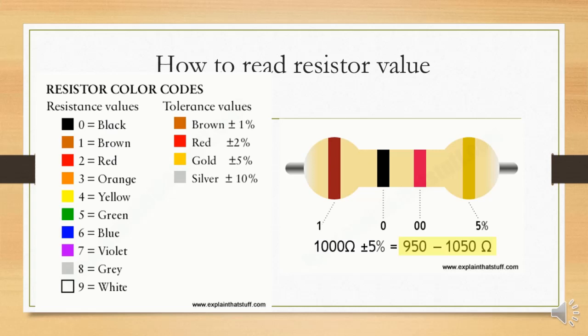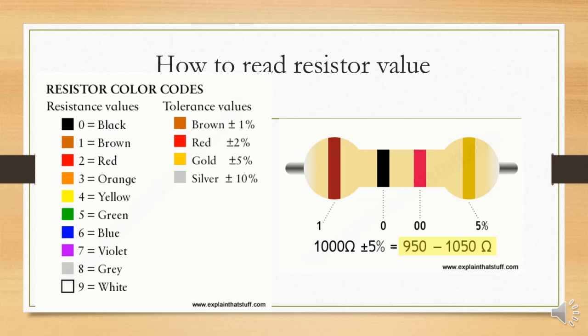Okay, now in this example you can see that the first color is brown. So the value of brown is 1. So we will write 1. Then the second color is black, so it's the second digit. The first color is for the first digit and the second color is for the second digit.